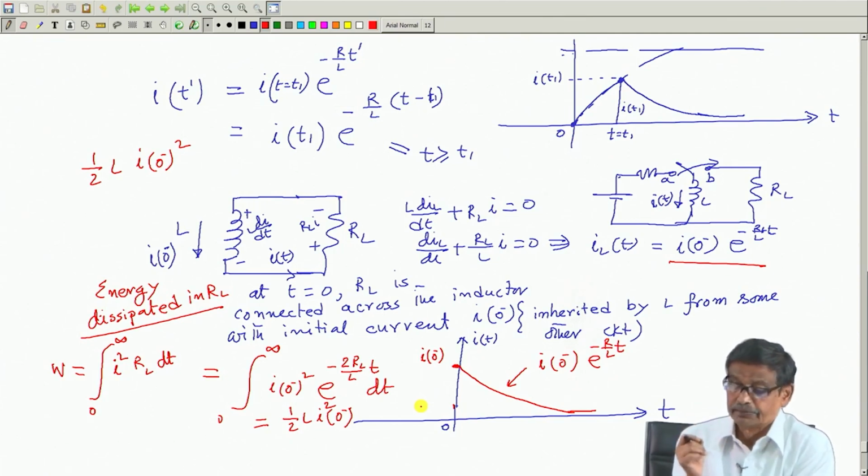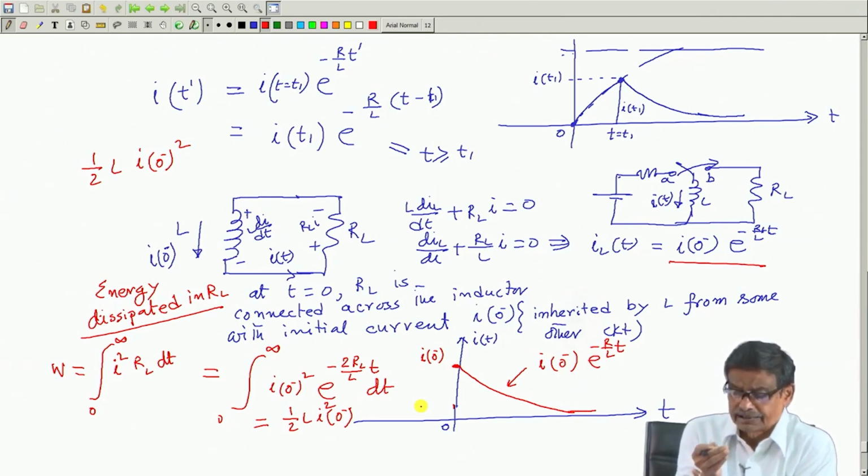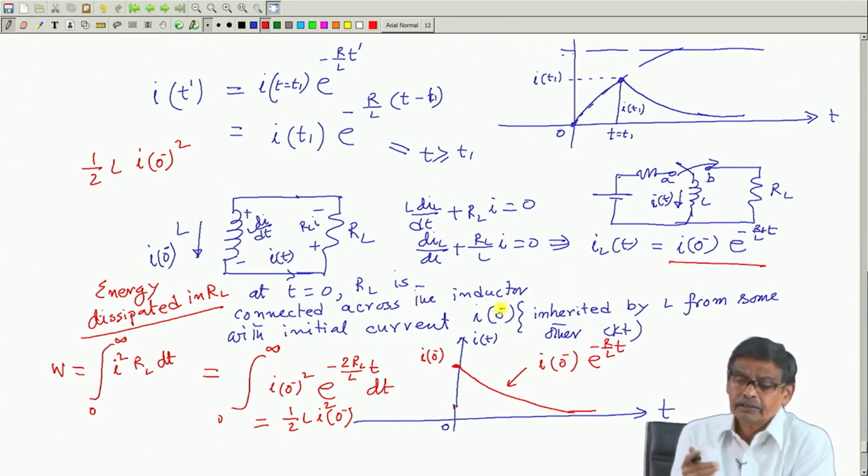Always think physically what is happening, what was the current just immediately prior to this switching. If that current value is known, you know the energy stored, and that energy you are now retrieving in some resistance.